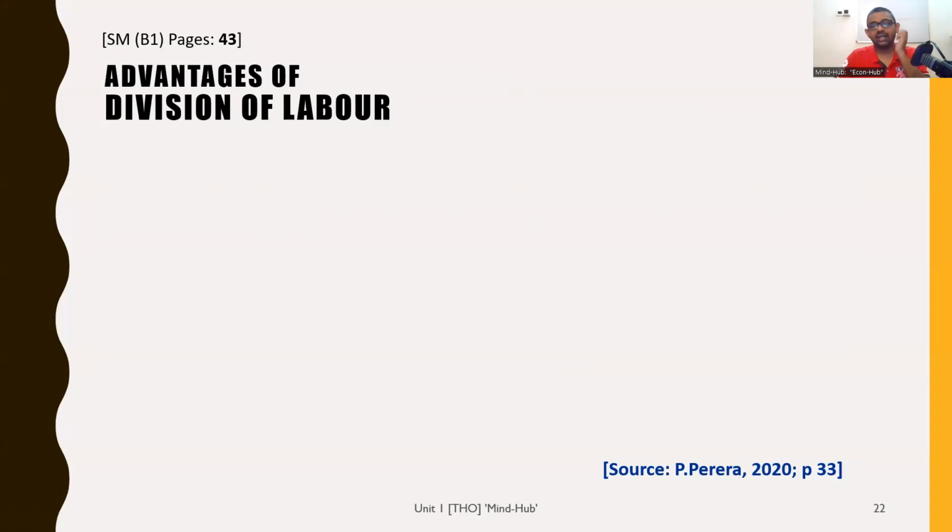Okay. Right. Now, the story about division of labor and specialization really begins. But the thing is this: we cannot practice division of labor unless we engage in what we call large scale production.